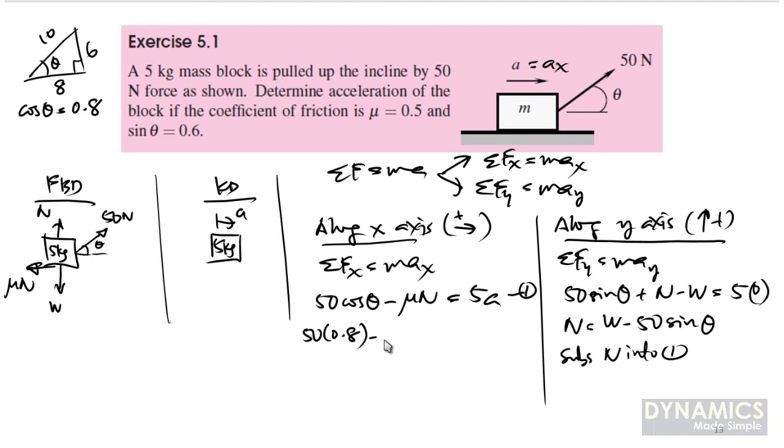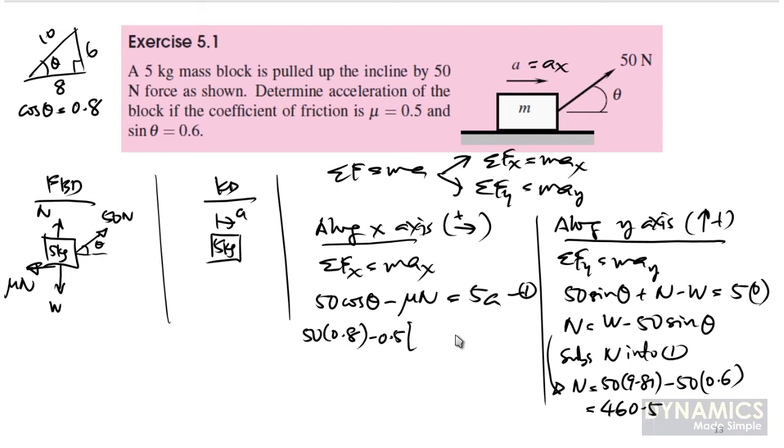Mu is given as 0.5, and n is this one here. If I expand this, it will be equal to 50 times 9.81 minus 50 times sin theta, which is 0.6. So we have a value for n equal to 460.5 Newtons.